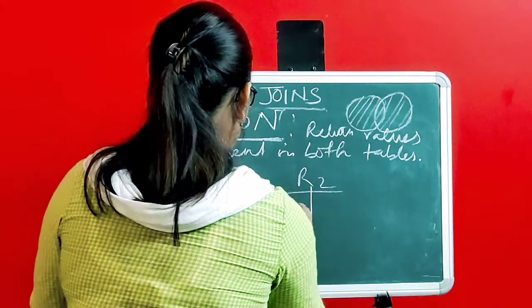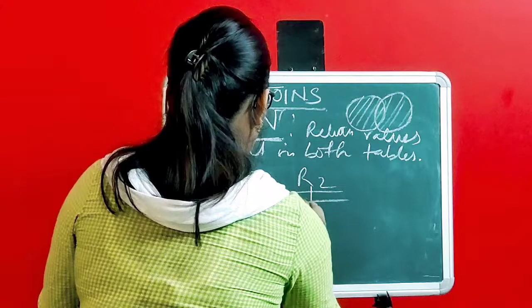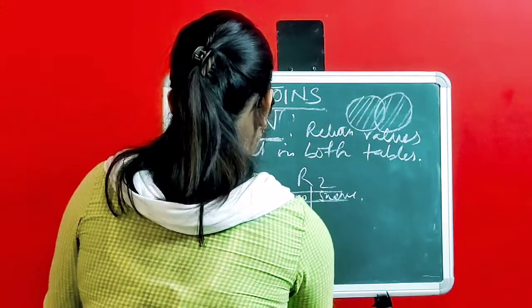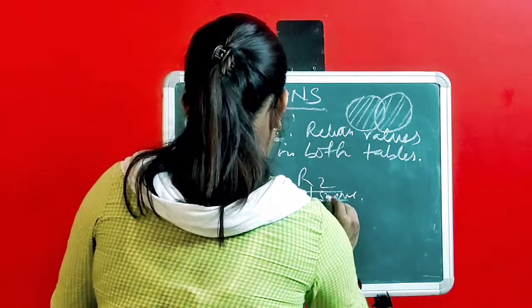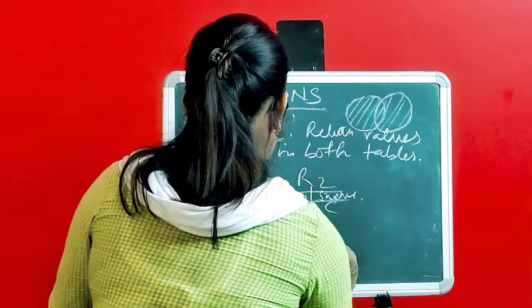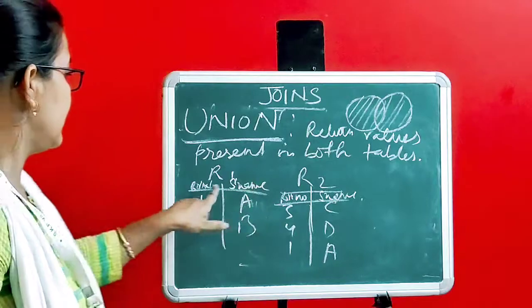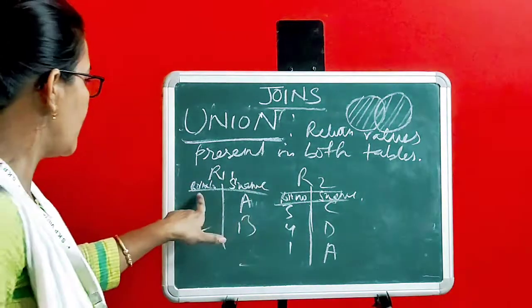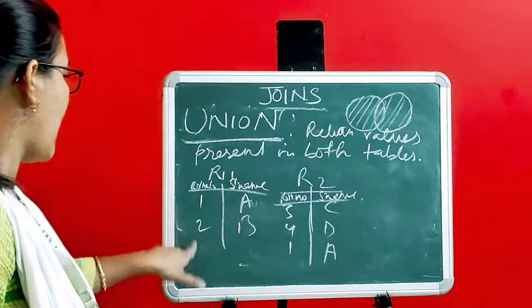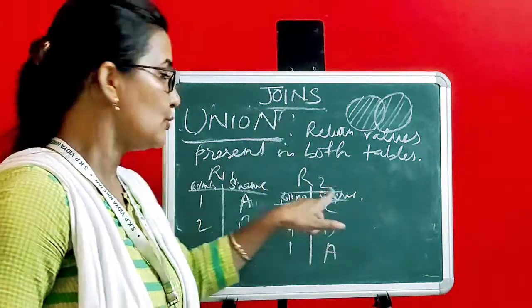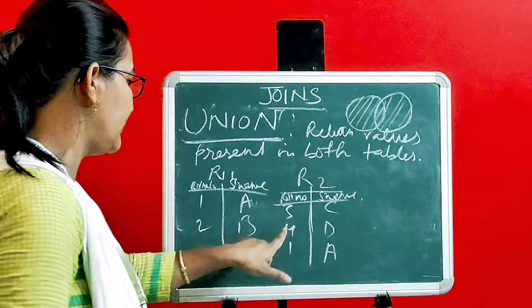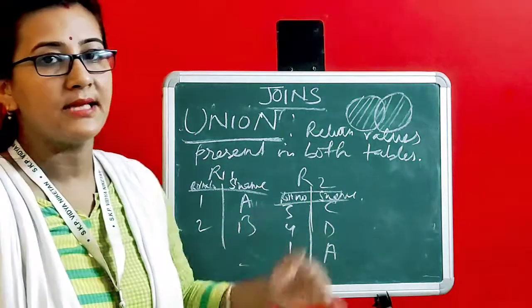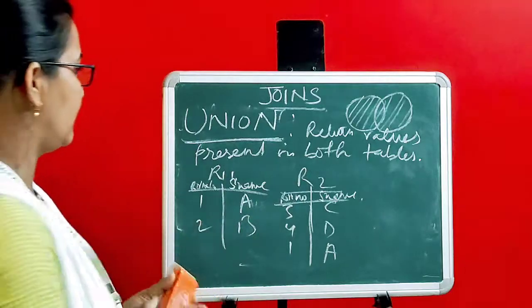This is one table, R1, having 2 columns, roll number, S name, with values 1, 2, A, B. Again R2, roll number, S name, with values 3, 4, 1, and C, D, A. Now see what output it will give.